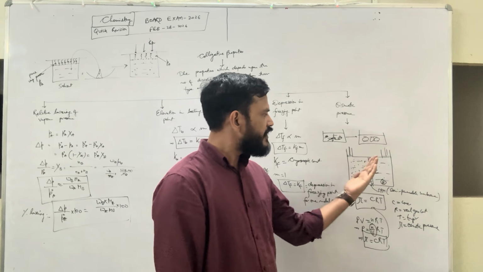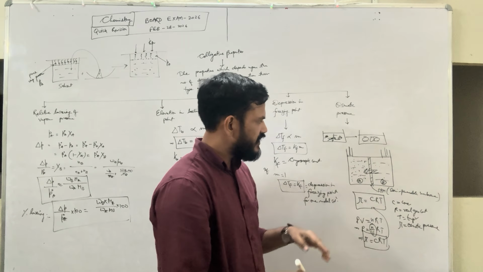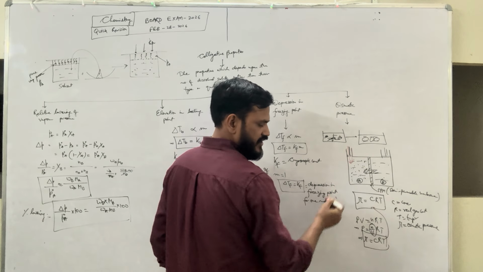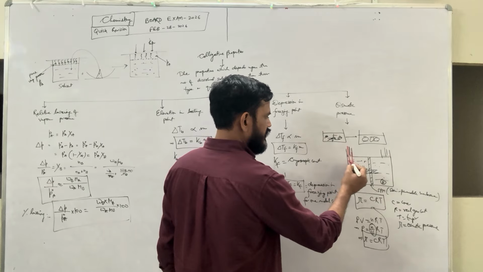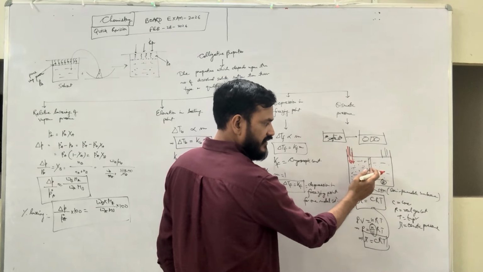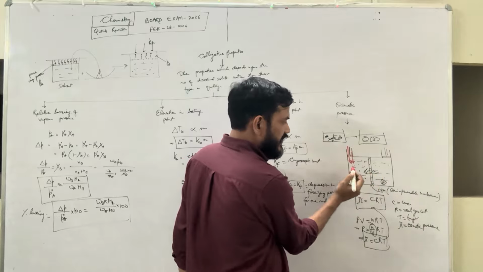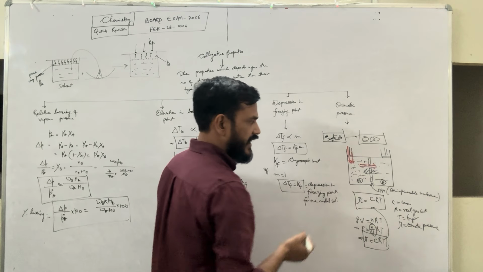Now, the fluid flows because of the osmotic pressure. Now, if a pressure P is applied on the higher concentration side, equal to this osmotic pressure or more than this osmotic pressure, then there will be net flow of fluid from low concentration to higher concentration.